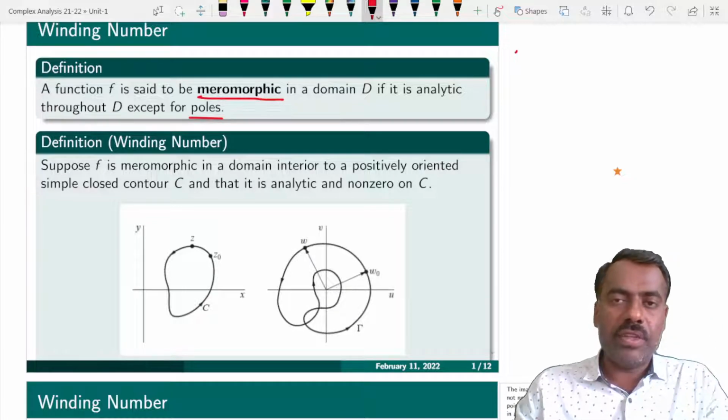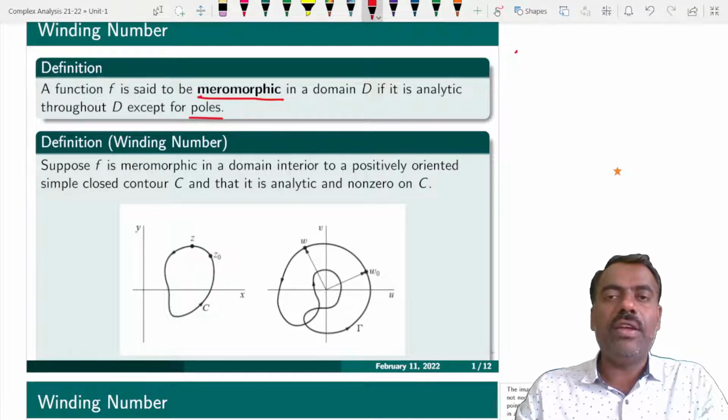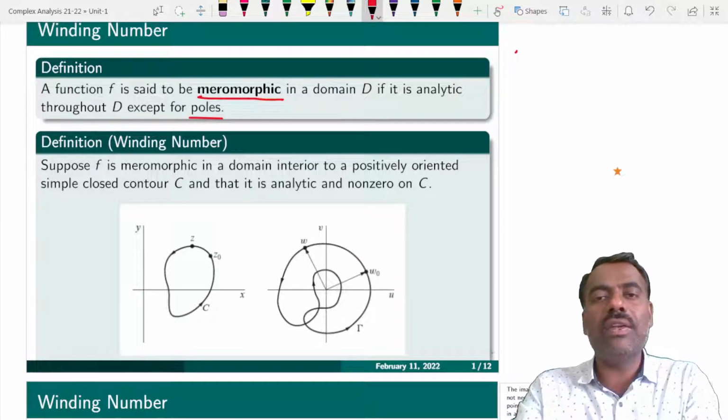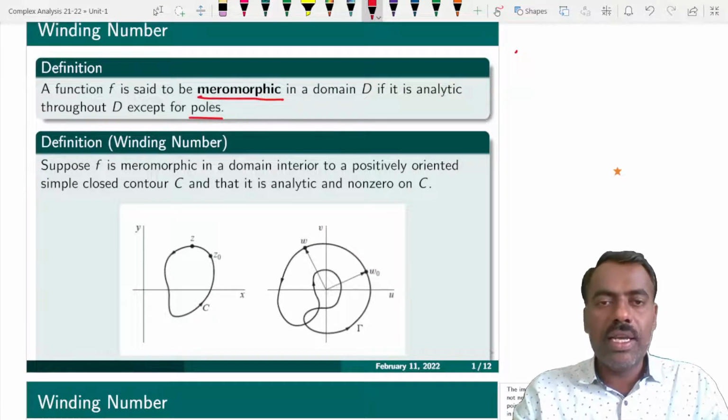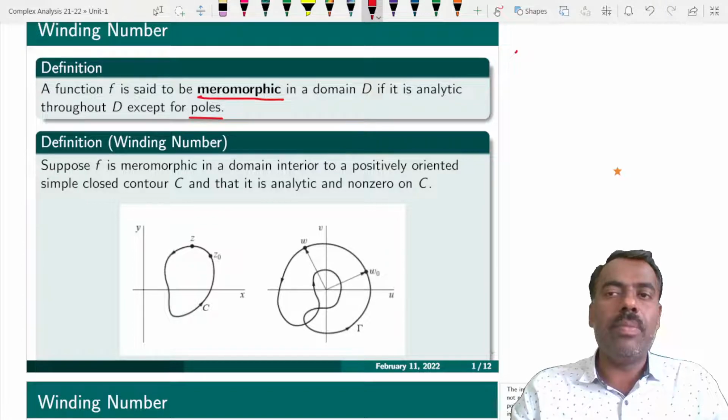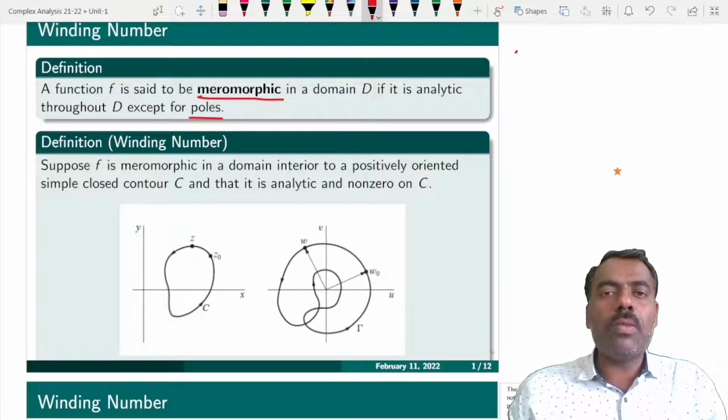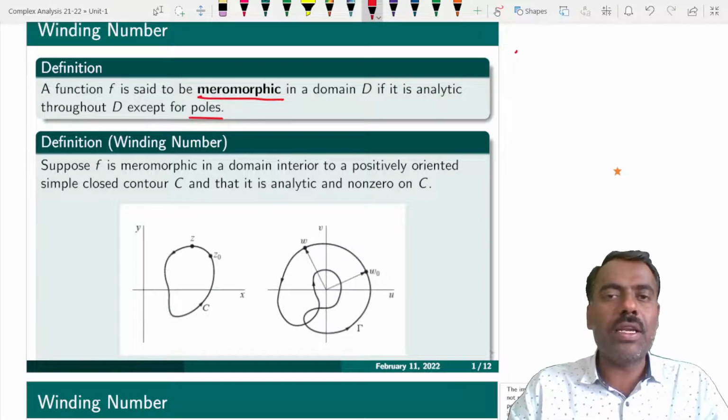We won't call a function meromorphic if it has a singularity which is not a pole. That means if it has a removable singularity or an essential singularity, then that function is not meromorphic. So meromorphic means analytic except at possible exceptions, which are poles.